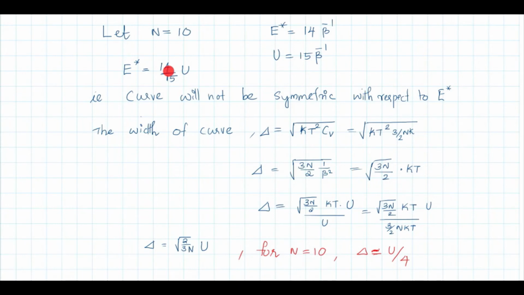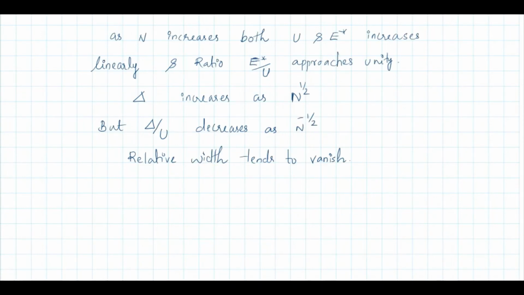So as the number increases, the ratio approaches unity, and you can say that E star is approximately U. If the numerator is 99, the denominator will be 100; if the numerator is 999, the denominator will be 1000. So as the value of n increases, E star approaches U, or E star by U approaches unity.